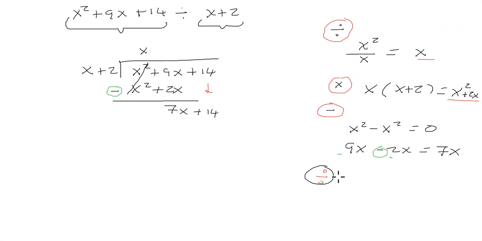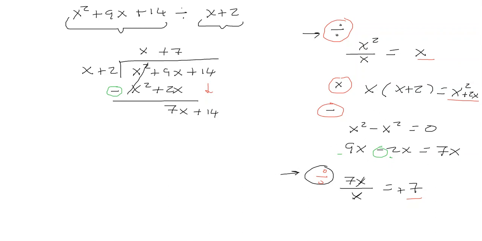So it's 7x divided by x, and that x will cancel that x, so it's just equal to 7. You take your answer and put it up here. This is plus 7, so it's positive 7.